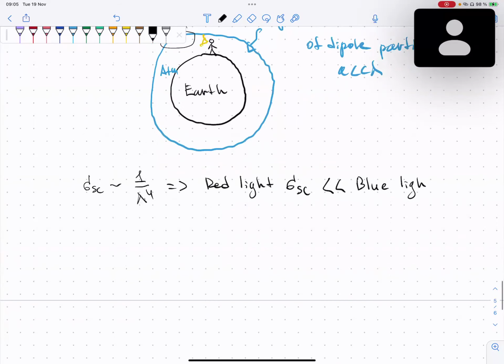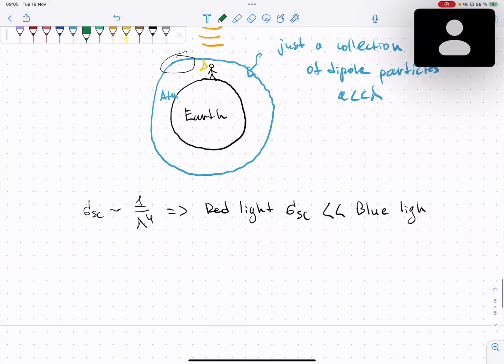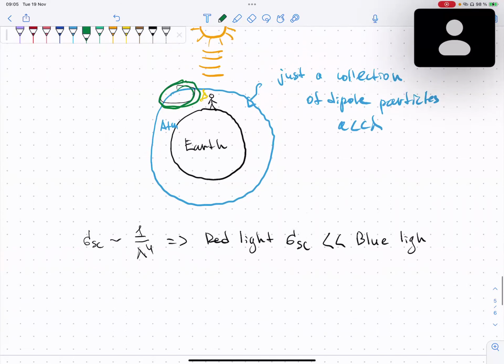So this is why we don't see any red color here. We see only the blue color, because all the red light goes like this, but all the blue light goes here, and then it scatters, and we see the sky just as blue.